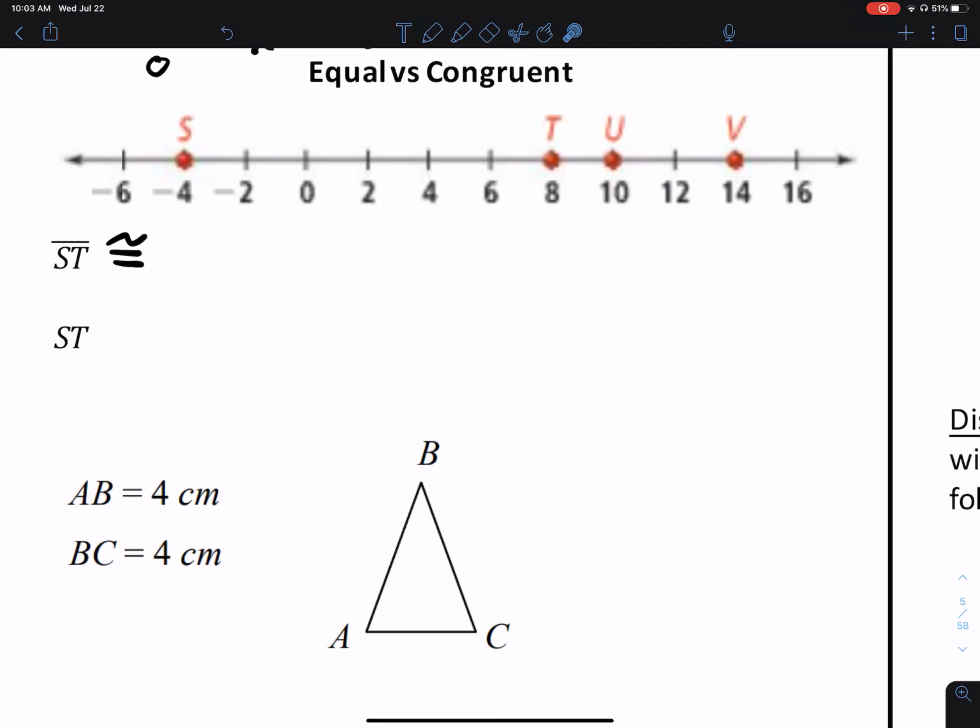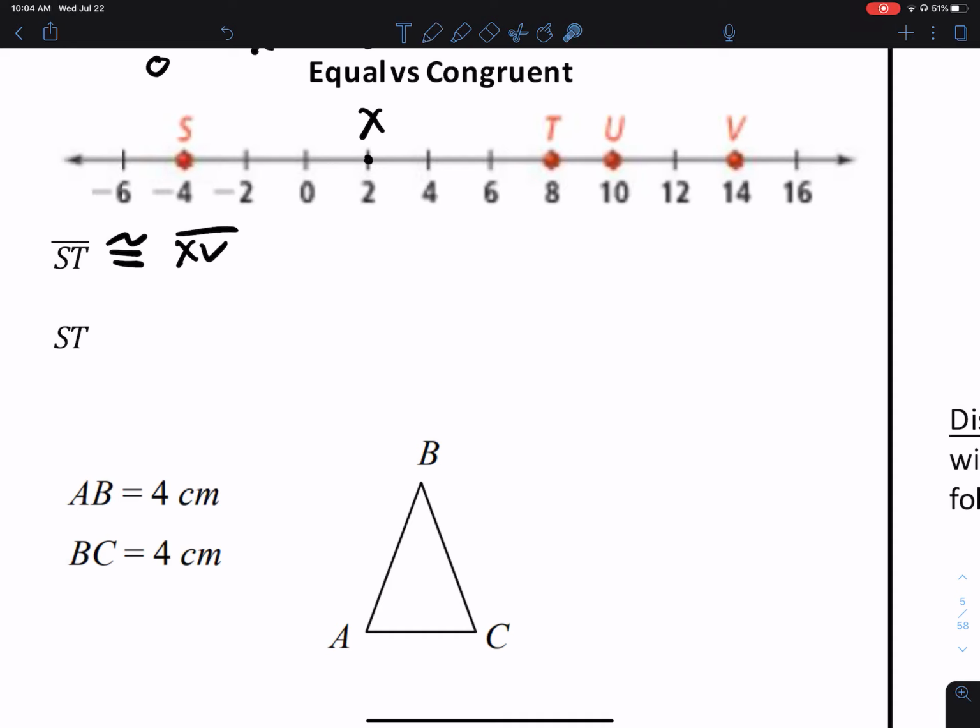Let's put an X here. We're going to cheat a little bit above that 2. So that means that XV, that segment, also has a length of 12. So we could say that segment ST is congruent to segment XV.